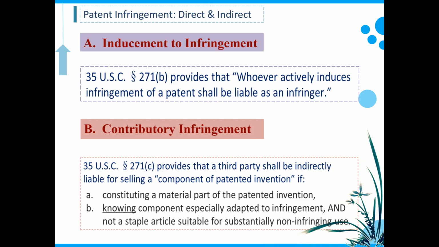You knew it, and you actively induced the operators of those factories to buy mineral water from you, to use that water for the making of the final infringing products. In this case, you could be held liable for inducement to infringement, although you were selling a stable article, mineral water. You see, but you are not held liable under contributory infringement liability.